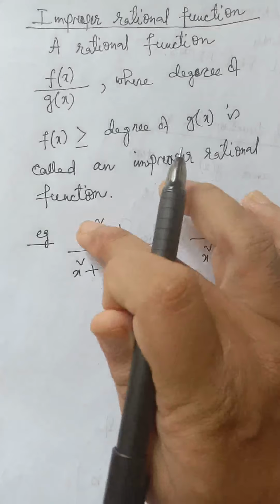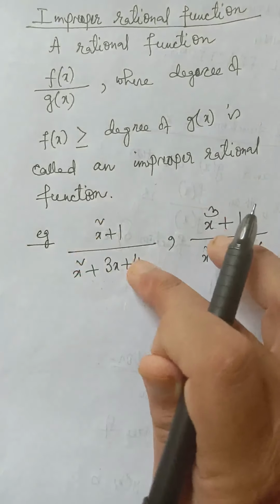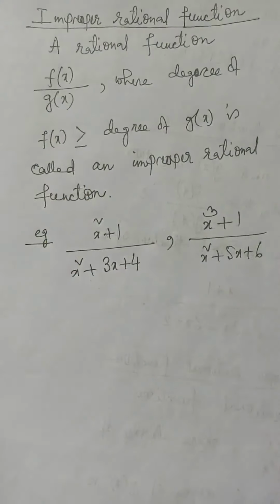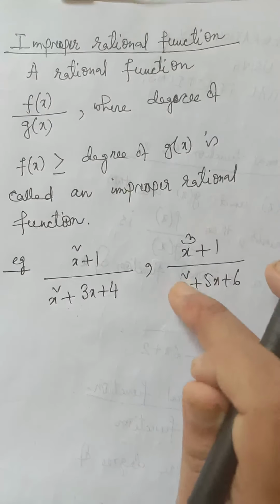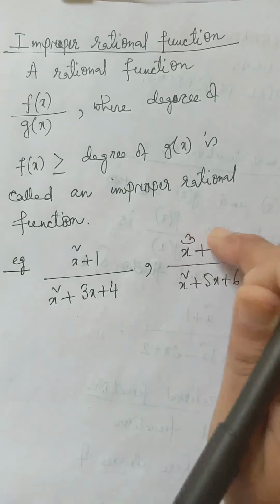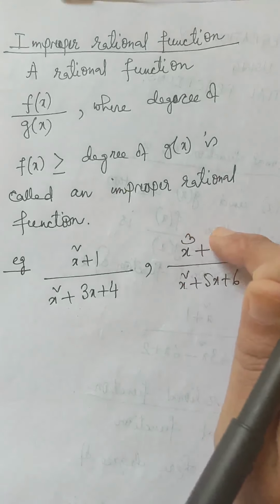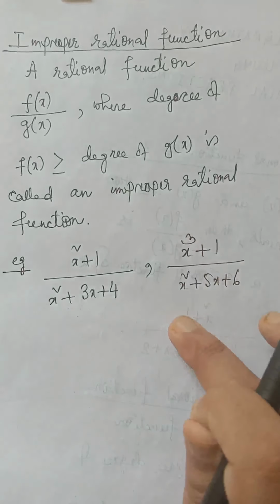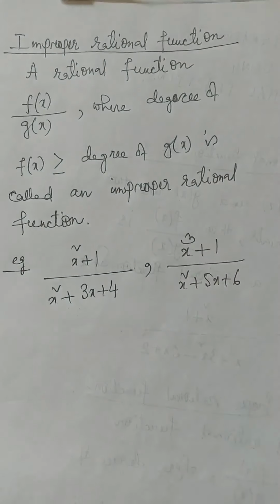So if the degrees of numerator and denominator are the same, it is an improper rational function, and if the degree of numerator is more than the degree of denominator, it is also improper.